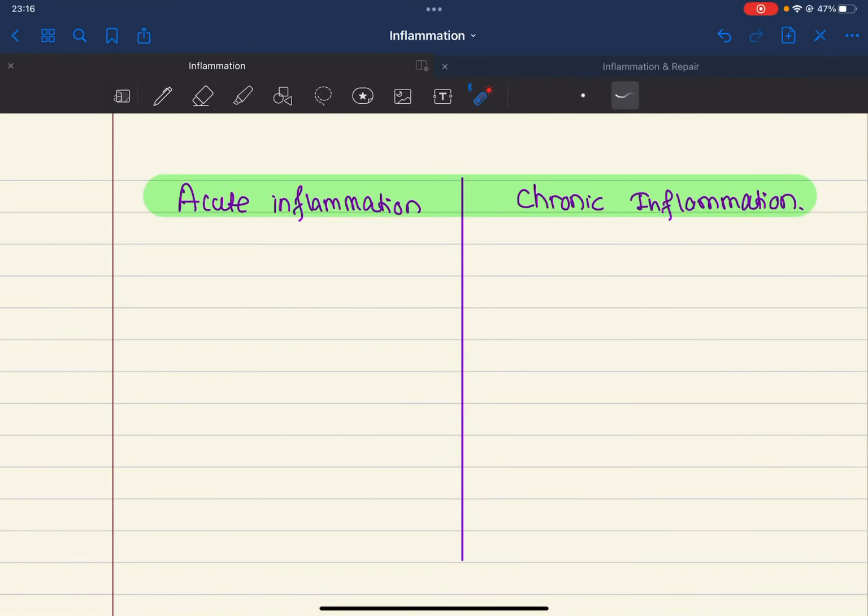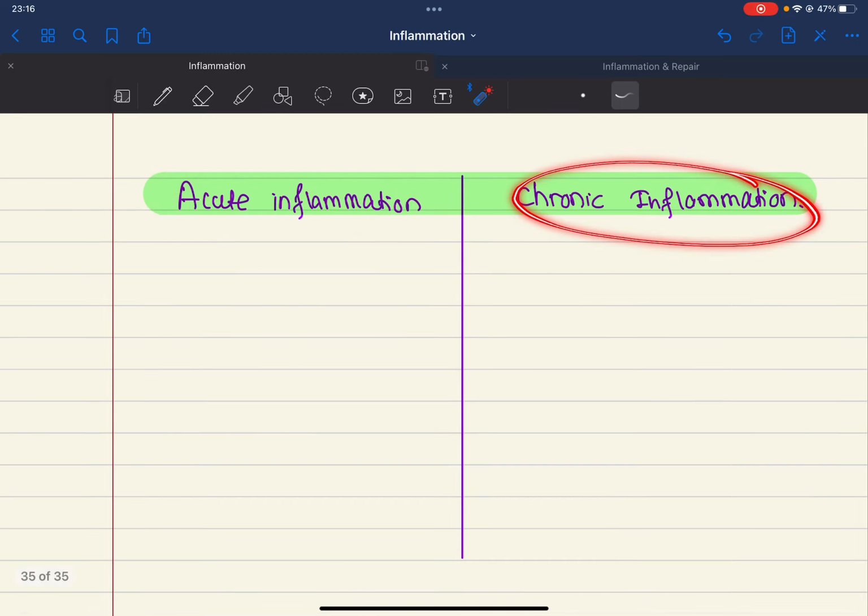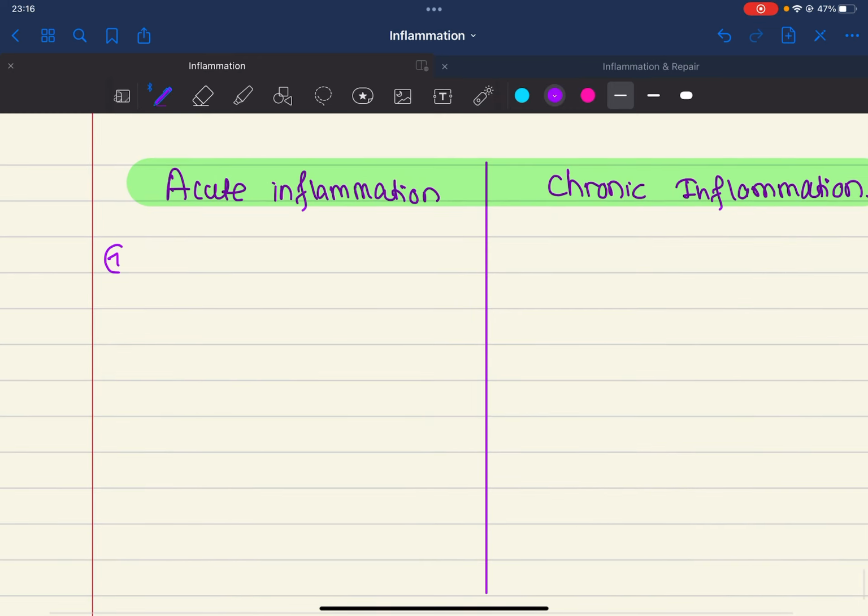Before starting the types of chronic inflammation, we'll talk about the major differences between acute inflammation and chronic inflammation. First, in acute inflammation there is rapid onset, usually in minutes to hours.